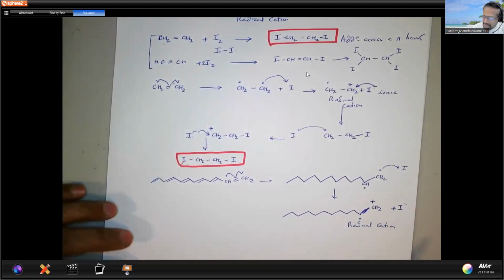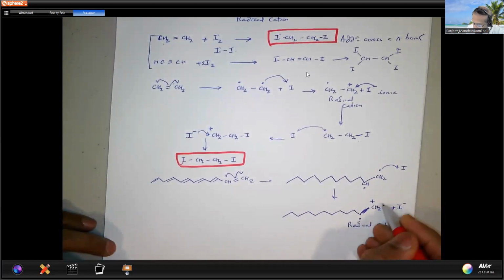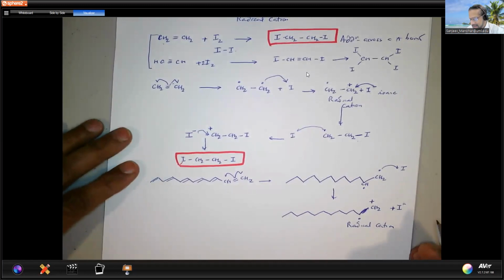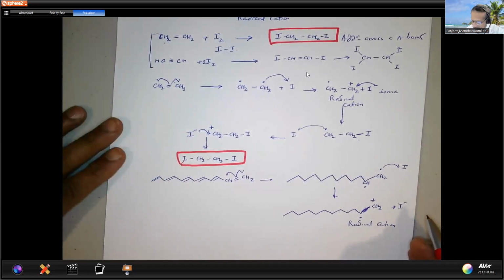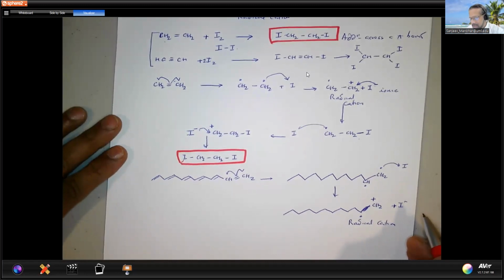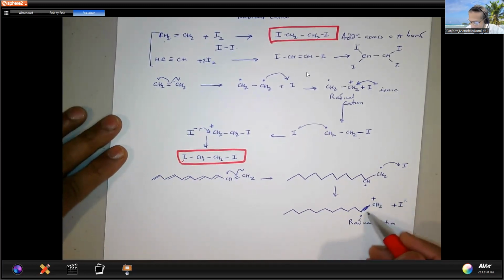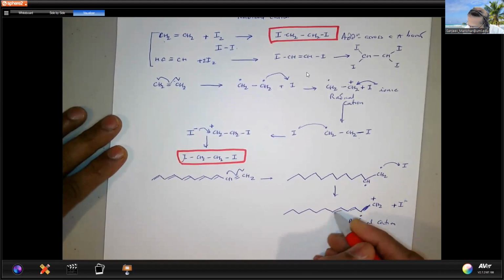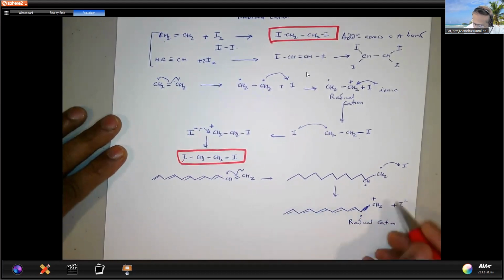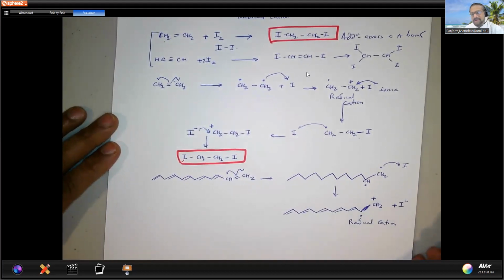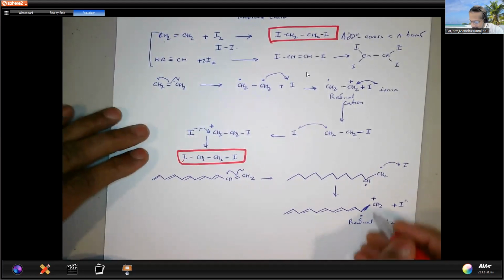Now, what do you think will happen? In the past, we said this just coupled, right? To give you a bond. Right? That's what we said. What do you think might happen here? Because there are double bonds everywhere, this radical and the plus charge can completely delocalize, right?